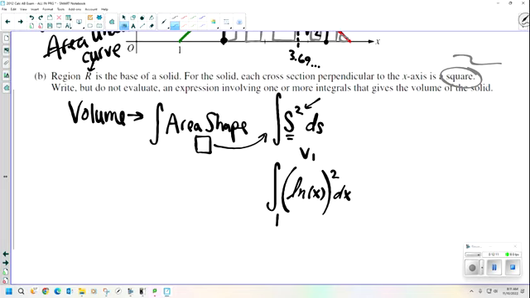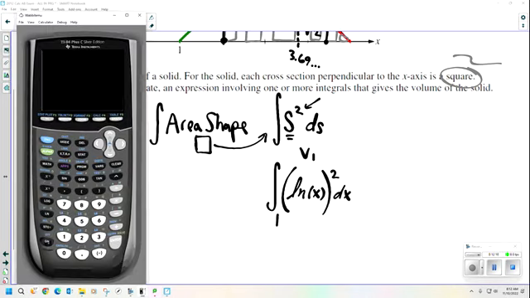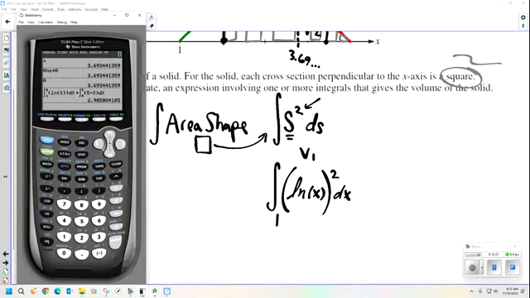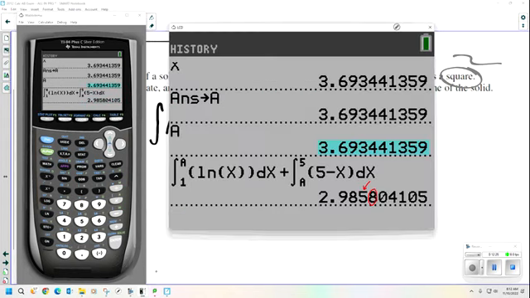From 1 to... oh boy, should I write this whole thing? On my answer key, I wrote this whole number right here. I suppose I could put 3.693. Let's do this.